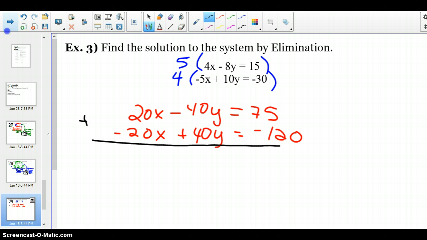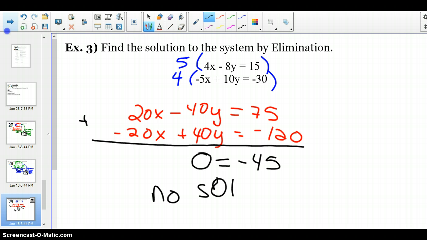All right, so when I go to add these, the x terms cancel, but so do the y terms. So I've got nothing on my left-hand side of the equation. On my right-hand side, I end up with negative 45. So this solution, this is a false statement. So when you get a false statement like this, the answer is no solution.